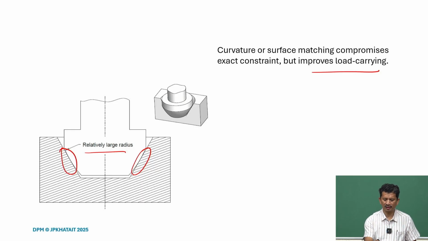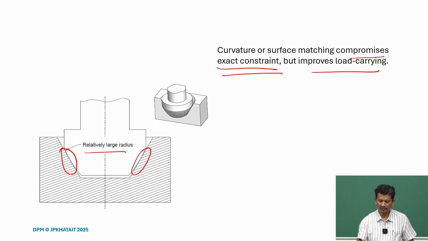So, curvature and surface matching, of course, compromises the exact constraint, but at the same time it improves the load carrying capacity. So, we have to be aware of the consequences wherever we deviate from exact constraint design.